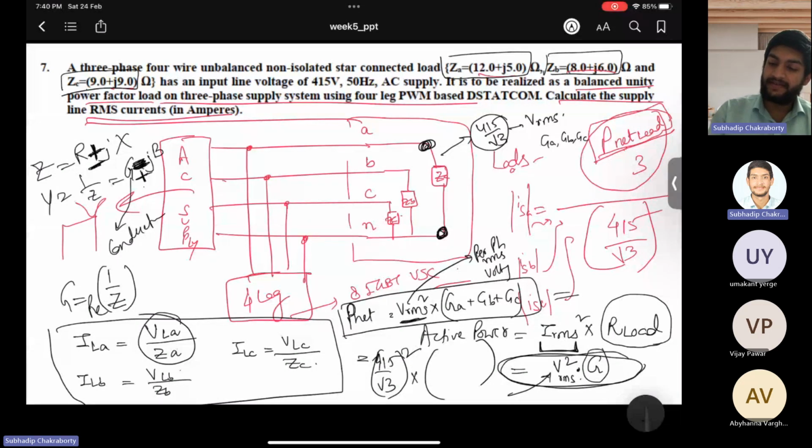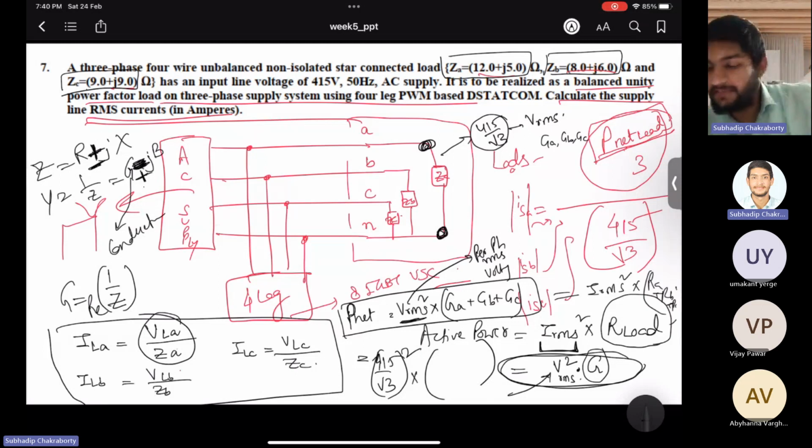Or you can write IRMS square into RA plus RB plus RC. Because IRMS is not same, so IRMS square A into RA plus IRMS square B into RB plus IRMS square C into RC. Why is IRMS not same?